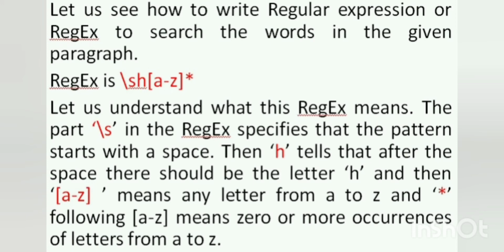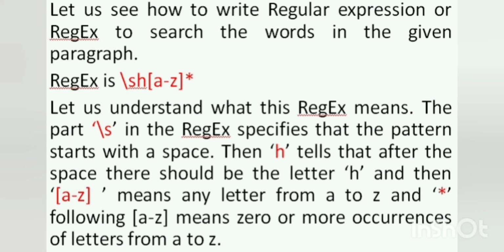Let us understand what this regex means. This \s in the regex specifies that the pattern starts with a space. Then h tells that after the space there should be the letter h. And then a to z means any letter from a to z.